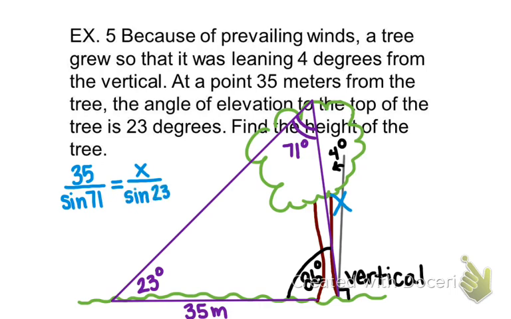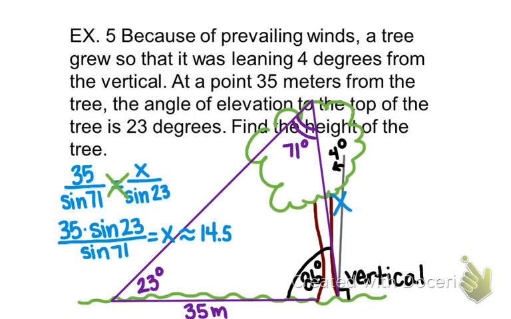So if I cross multiply, 35 times sine 23 divided by sine 71 will give me x, which is the height of the tree. So if you type that in correctly and make sure you close your parentheses around your angle, you get that x is 14.5.